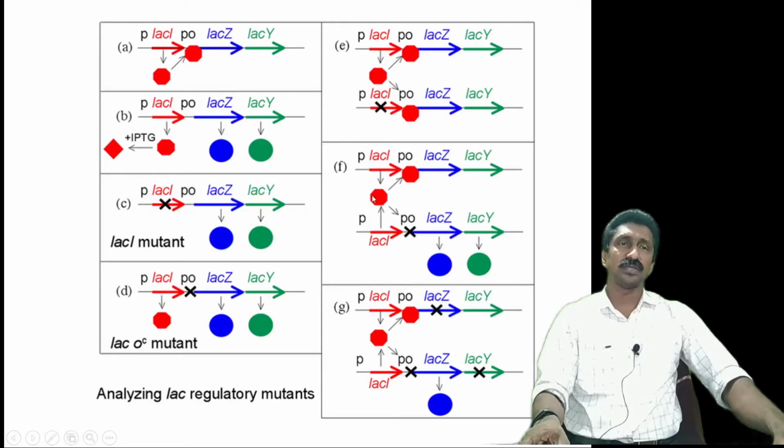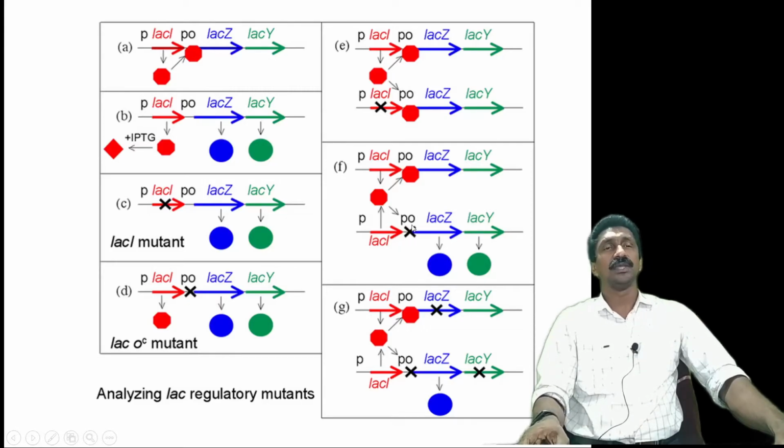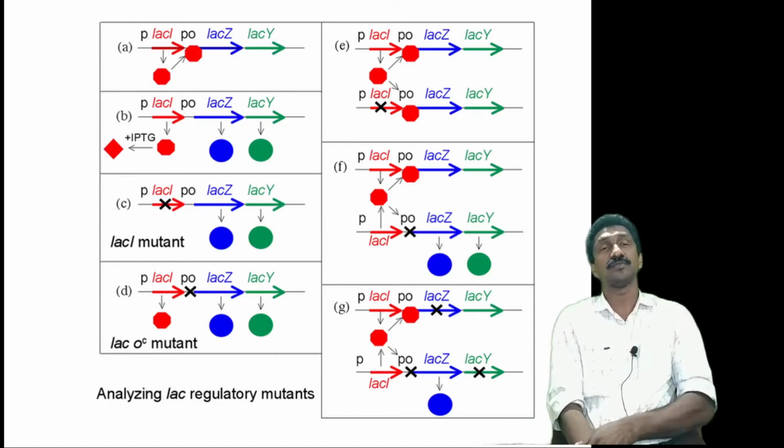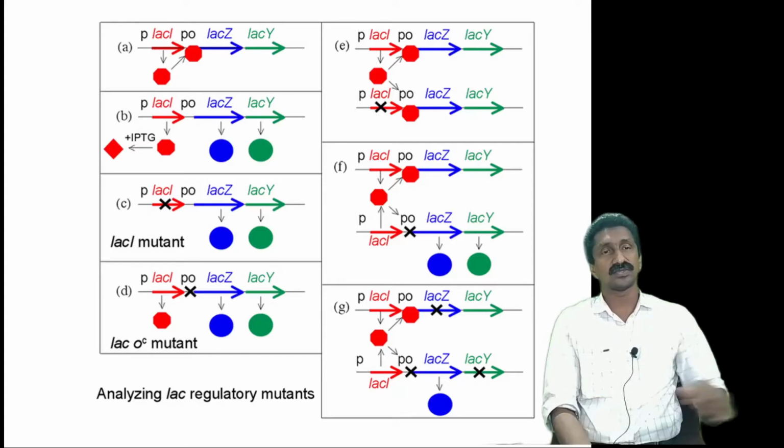It will be expressed, because the promoter is mutated and this regulatory element cannot bind here. But if there is a functional promoter, it will bind there, and the expression of this gene will be blocked. So a dysfunctional or mutated promoter will result in transcription of these structural genes.